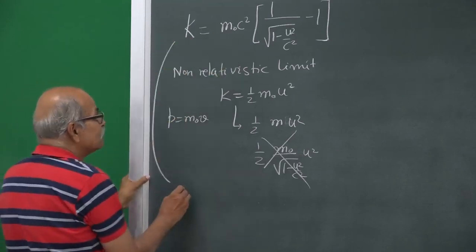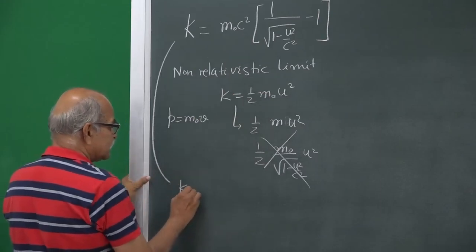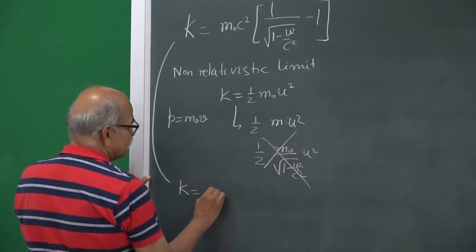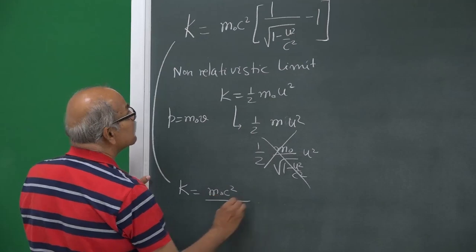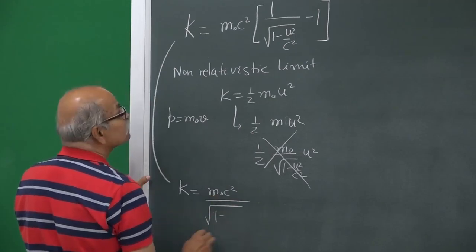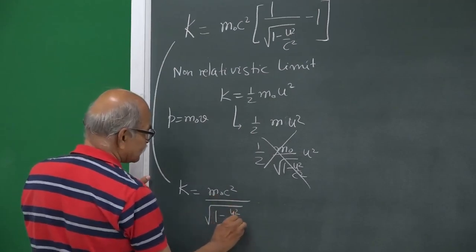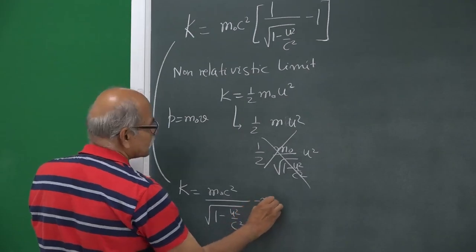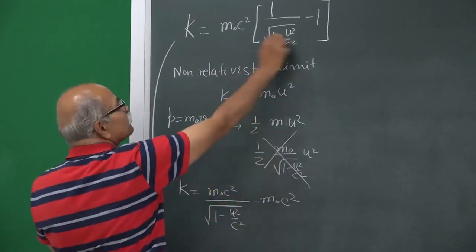So, once again take this, let me write this as K equal to m naught c square divided by square root of 1 minus u square by c square, minus m naught c square, just opening the bracket.